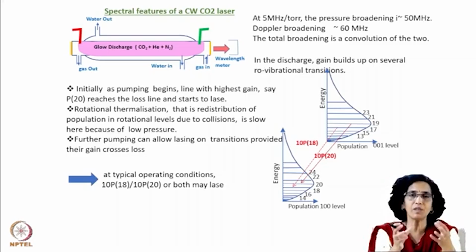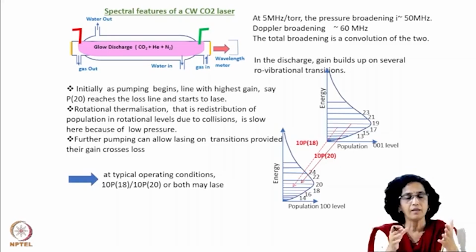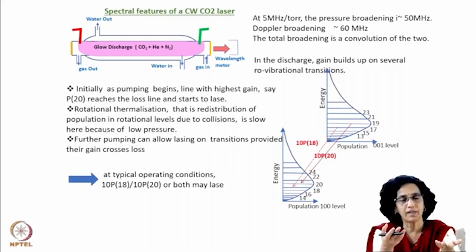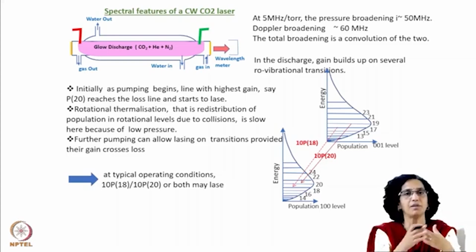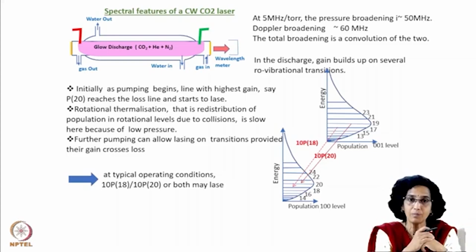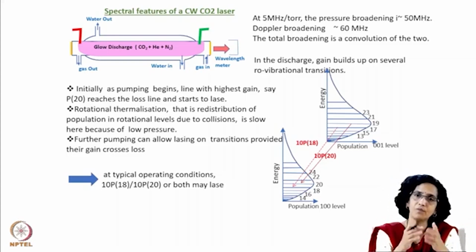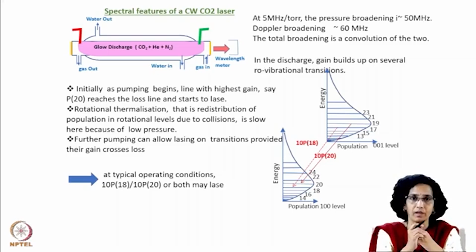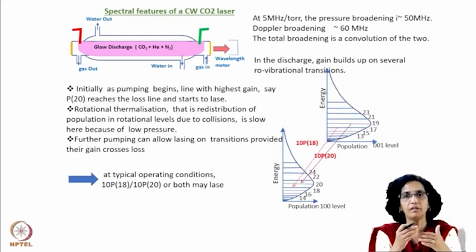Because we are taking molecules at a particular pressure, you will have collision broadening, and they are also at a particular temperature, with a certain Maxwell-Boltzmann distribution, and therefore there will also be some Doppler broadening. What is important to consider is which broadening dominates when.